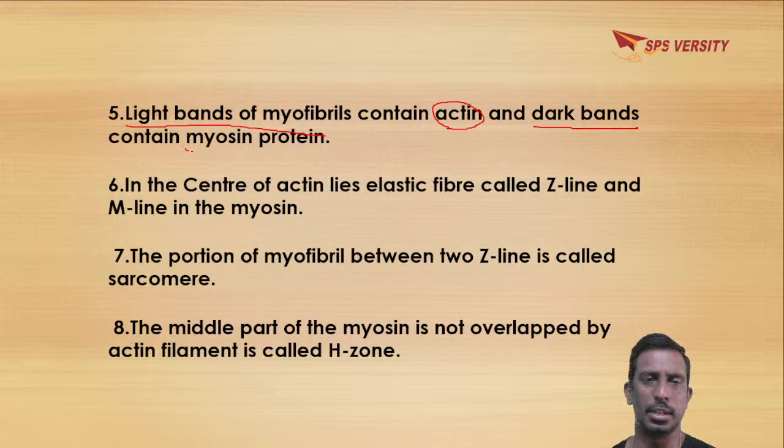Dark bands contain a protein called myosin. So they are called actin filaments and myosin filaments. As the light bands are made up of the protein actin, they are called actin filaments, and the dark bands are the myosin filaments.